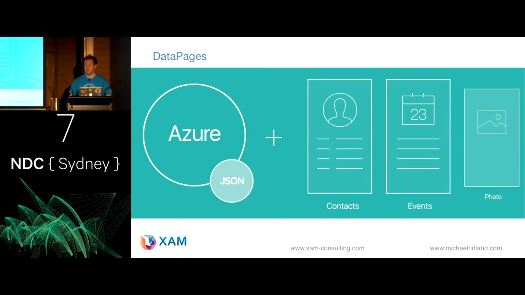So data pages. Basically you can take an Azure mobile service or an Azure data source or a JSON data source and have like a contacts application or a contacts functionality already sort of set up for you. So the views will be there, the list view will be there, the contact will be there. And the same for events, and there's other things that they'll be adding to it.